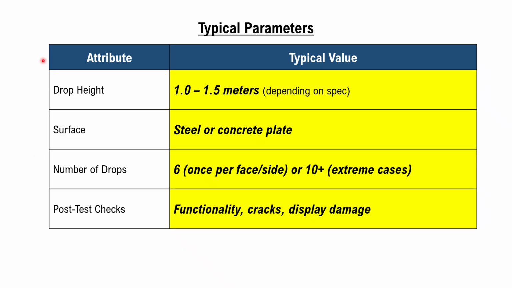Typical parameters in case of drop test. Drop height is from 1.0 to 1.5 meters, depending upon specification. Surface could be a steel or a concrete plate. Number of drops: 6, once per face, oblique side, or 10 plus in extreme cases.